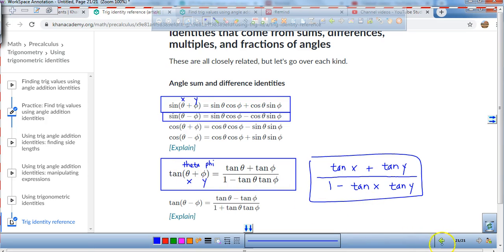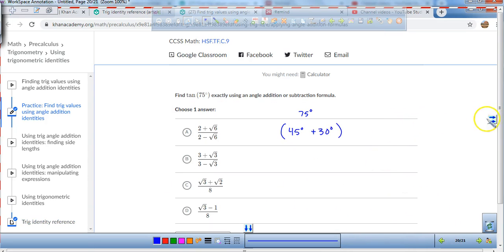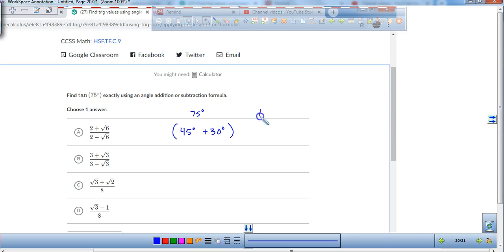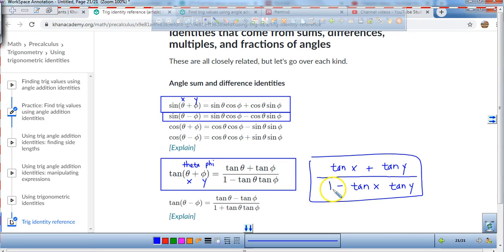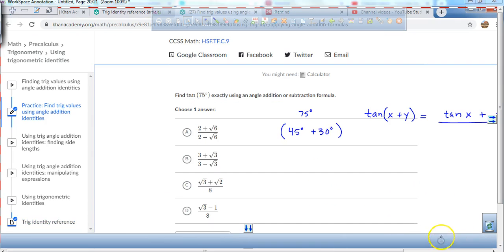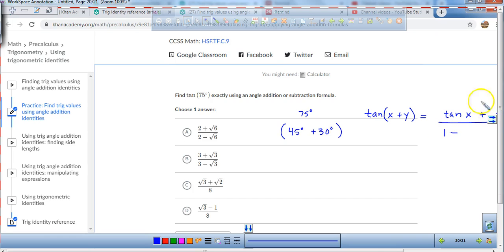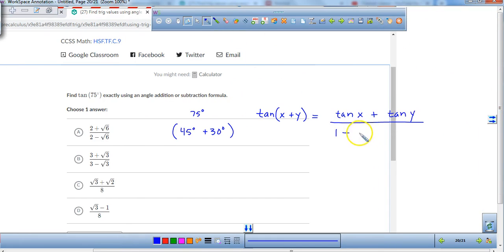So I'm going to go ahead and rewrite the formula just for us. The tangent of x plus y equals the tangent of x plus the tangent of y, all over 1 minus the tangent of x times the tangent of y.